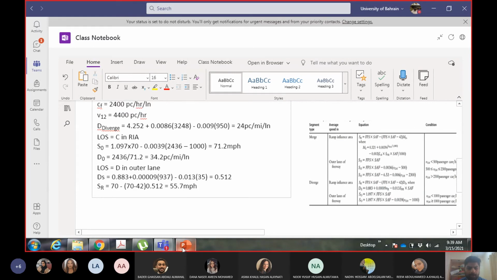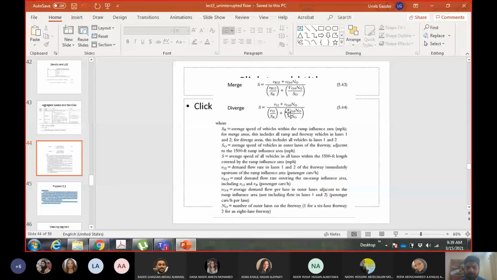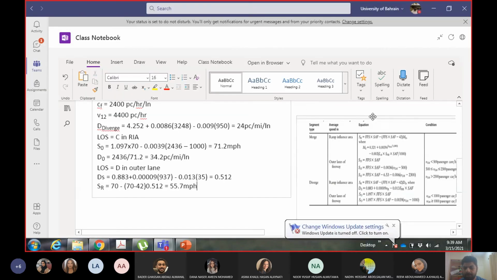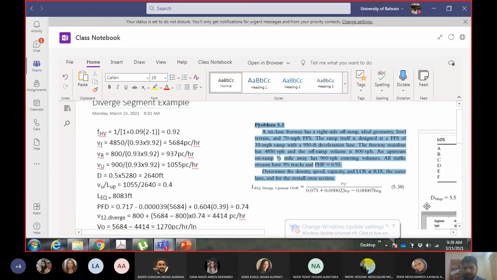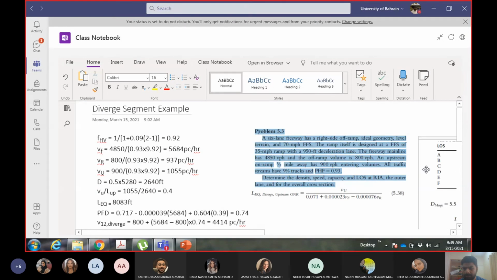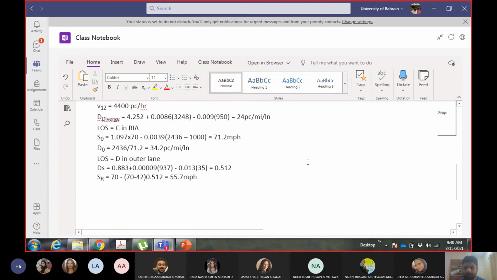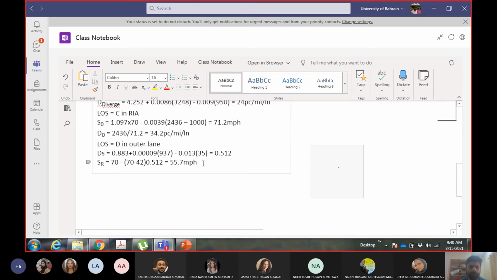Now I will calculate the aggregate speed for the diverge area. This is speed. Doctor, what is DS?